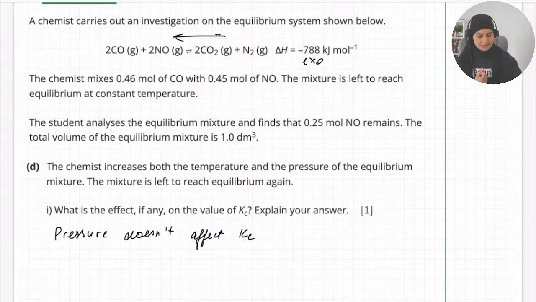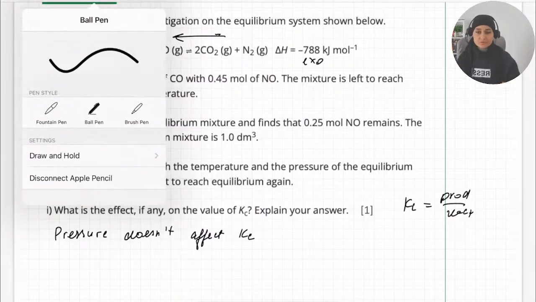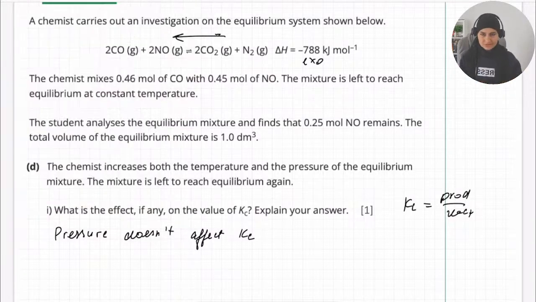And remember, Kc is products over reactants. So if you have less products, what would happen to Kc? It decreases. But remember, this logic can only be applied to temperature, nothing else. If you change concentration or pressure, equilibrium would shift, but Kc would not. But for temperature, that's the easiest way to go about Kc.